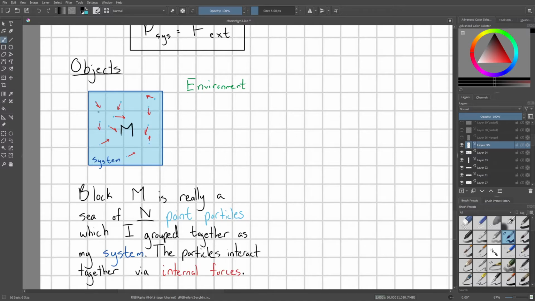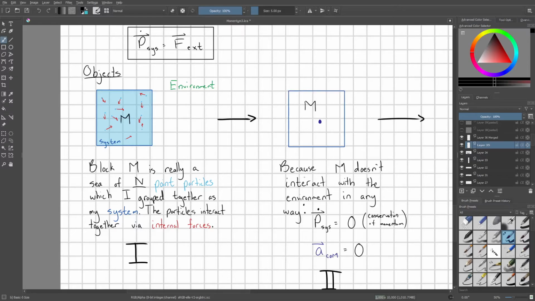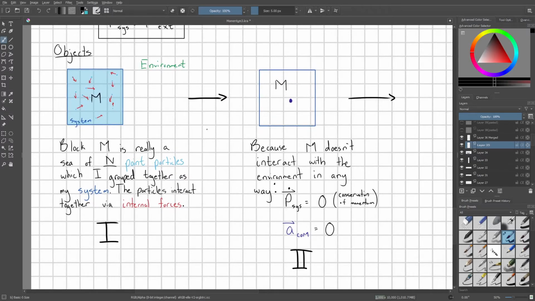So in this picture, the block has no interaction with the environment. While all of these point particles are interacting with each other, we know that we could find a center of mass of this block and show that its acceleration was zero. I'm getting a little ahead of myself. That's what I should have shown here. So this was from video one, defining your system.